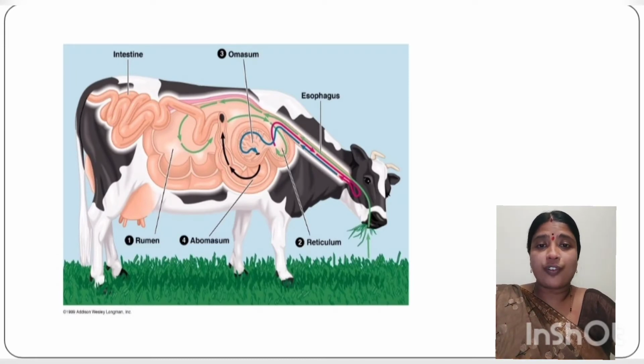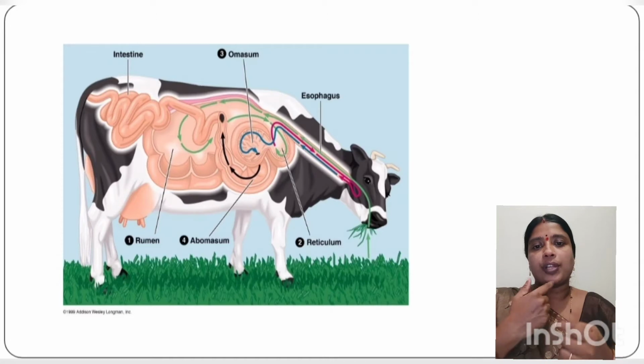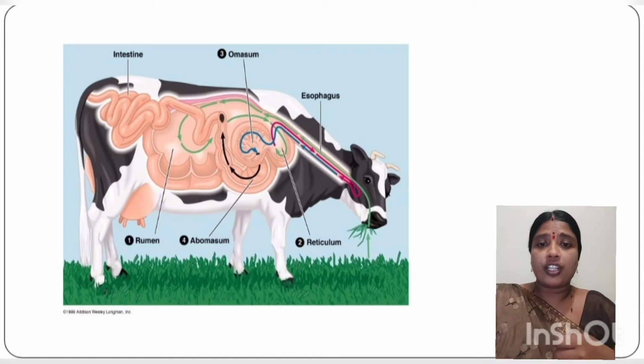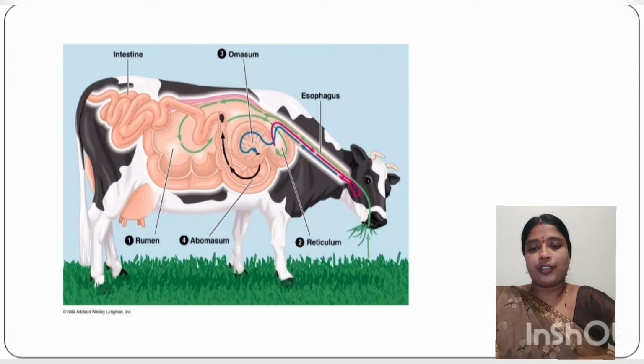You can also find the esophagus in this diagram. The esophagus is a very long pipe, about 2 to 3 feet, which starts from the mouth and carries the chewed food from the mouth to the stomach of the ruminant.